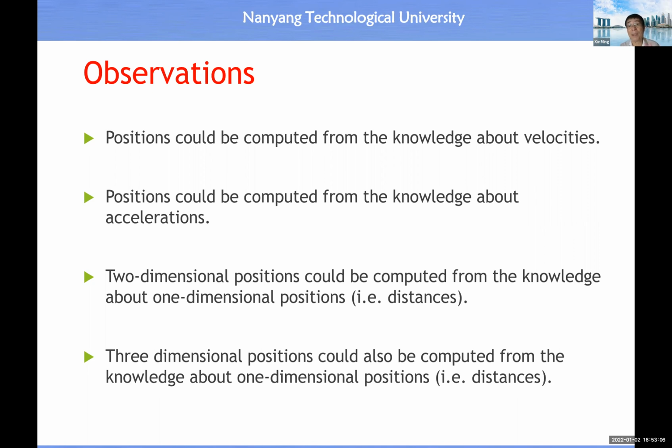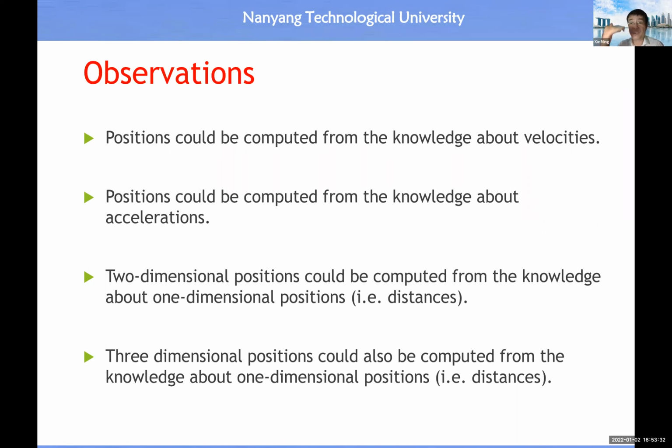Similarly, in a three-dimensional space, we should be able to determine the position of a point if we know the relative distance from this point to other reference points. So these are the two scenarios for us to use in order to calculate the value for position.